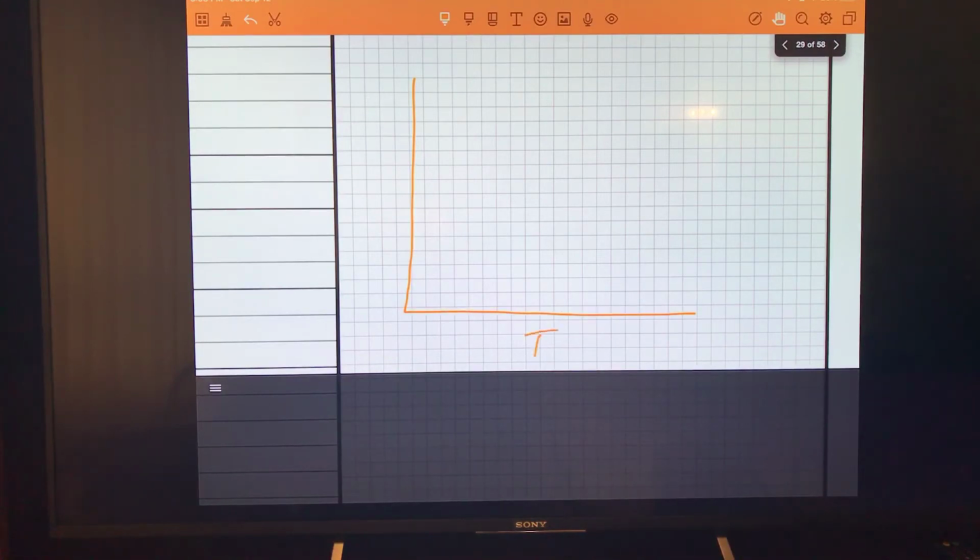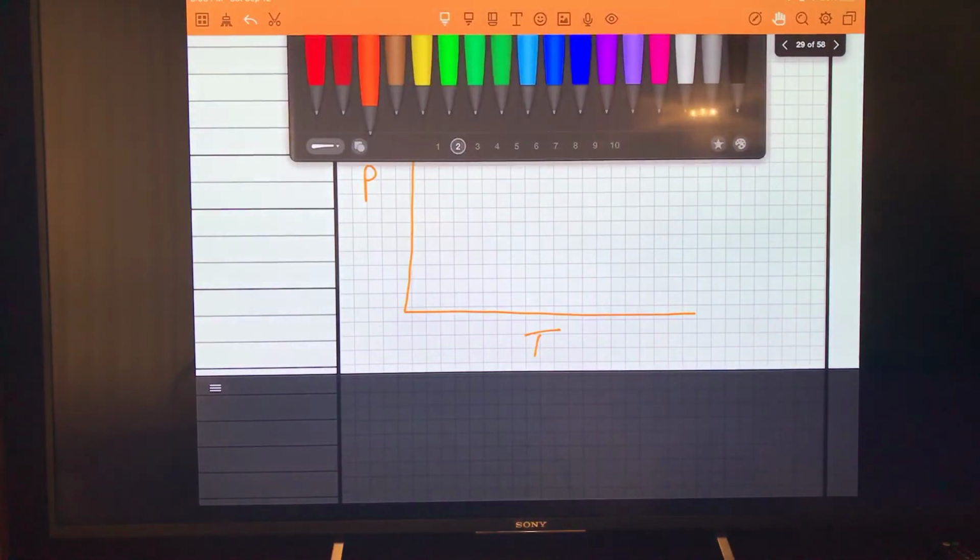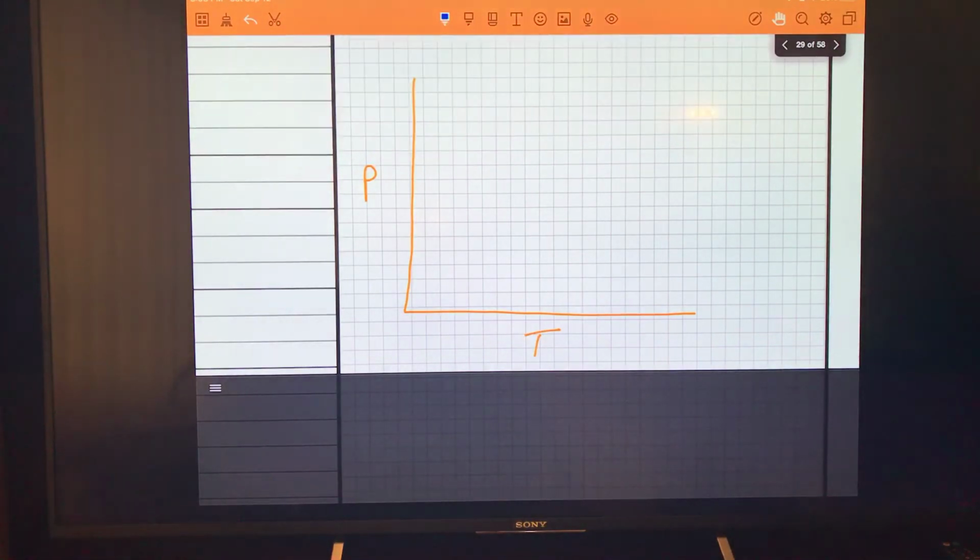So temperature always on the bottom, pressure on the left side, okay? And then phase change diagrams look different depending on the substance. So we might have one that looks like that, but they are always solid, liquid, gas.